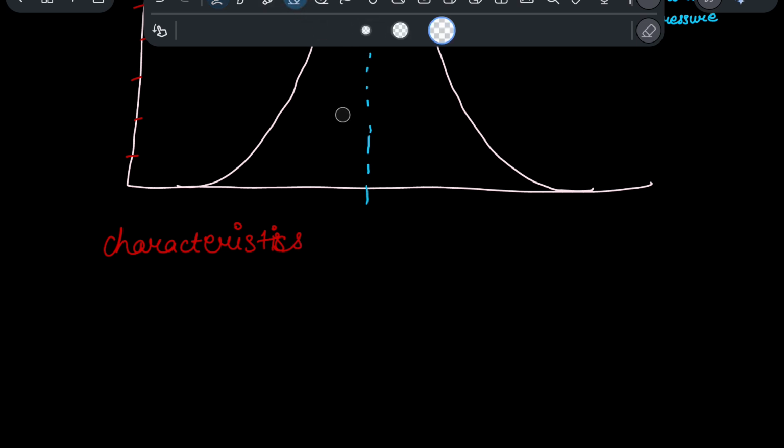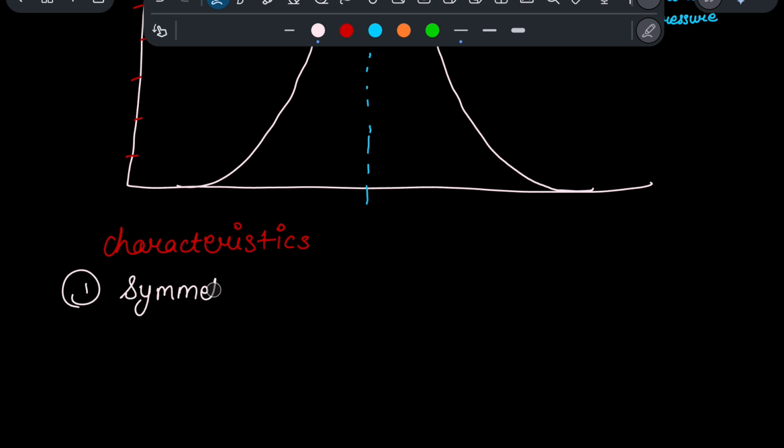So the characteristics of the bell curve: first is symmetry, the left and the right are just mirror images. The second one is that the mean is equal to the median, which is equal to the mode.